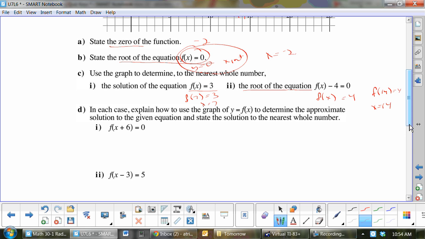Okay. So this is what you're first saying, right? But negative 2 plus 6 equals 4.